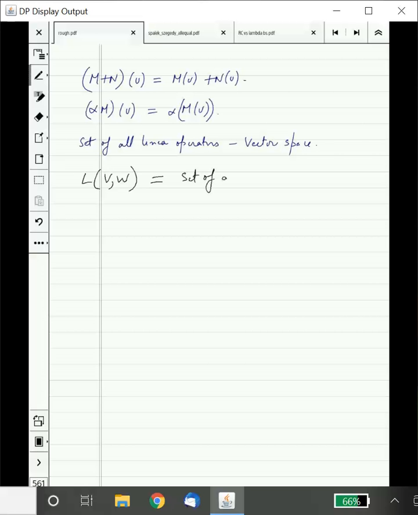Remember, it is a vector space. In case you're talking about L(V, V), it is generally denoted just by L(V). So this is a shorthand for writing L(V, V).